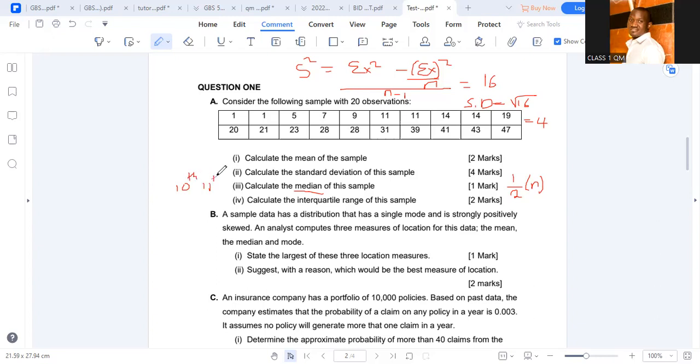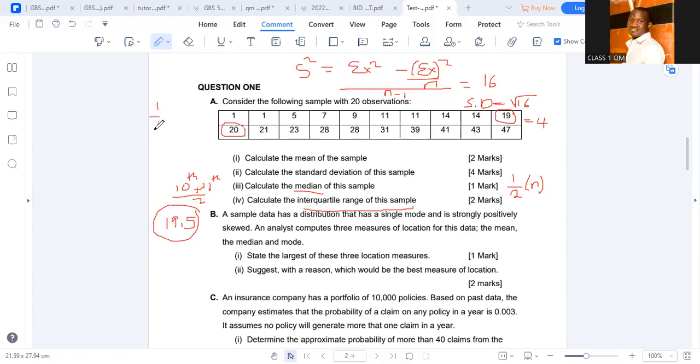So when you go there and you average them, 1, 2, 3, 4, 5, 6, 7, 8, 9, 10, and 11. So 19 and 20, when you add them, divided by 2, you're going to get 19.5. So this is how you find our what? Our median. The interquartile range is simply the difference between the upper quartile and the lower quartile.